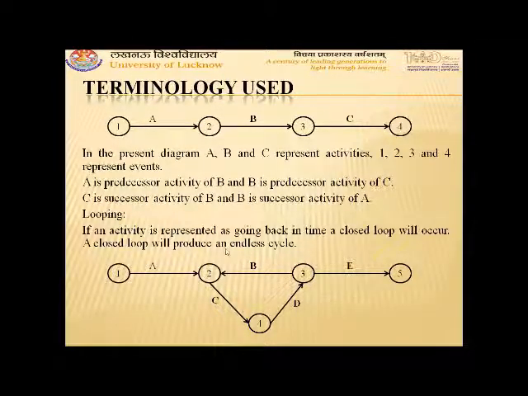And then activity B goes from 3 to 2, that means in the backward direction. So B, C, D forms a closed loop, which will provide an endless cycle. That means the project starts at 1, then goes to 2, then 4, then 3, and then again comes back to 2. That means the process will be repeated a large number of times. Such loops are avoided in network scheduling.